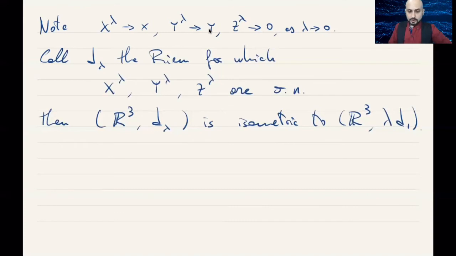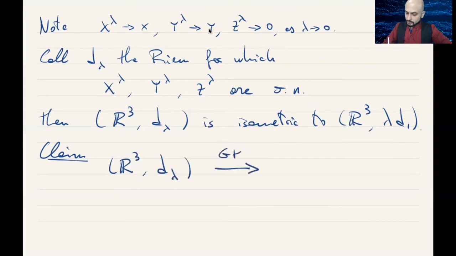So now what we are going to study, our claim, is that R3 with distance d lambda converges in the Gromov-Hausdorff sense to R3 with the Carnot-Carathéodory distance of the Heisenberg group. This will actually prove two things.